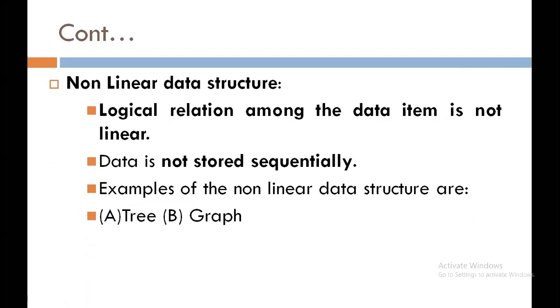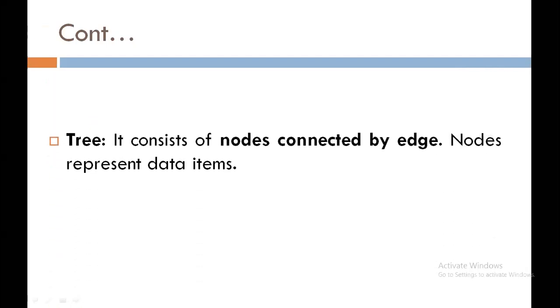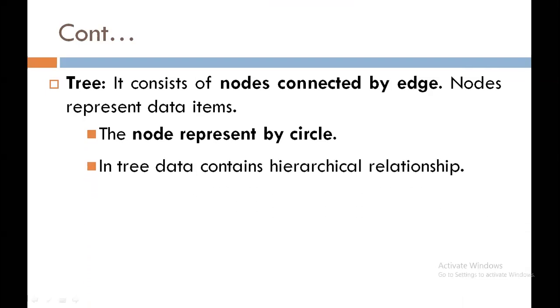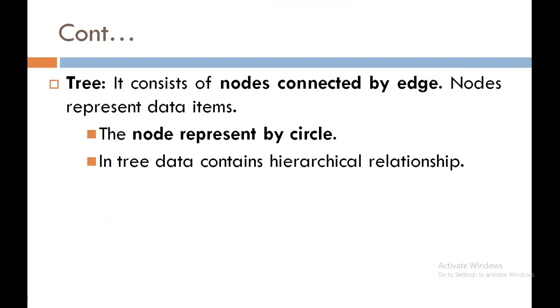Now start from the tree data structure. A tree consists of nodes connected by edges. Nodes represent data items. Here, a node is represented by a circle or square. A tree data structure contains a hierarchical relationship, meaning one data after that second data.